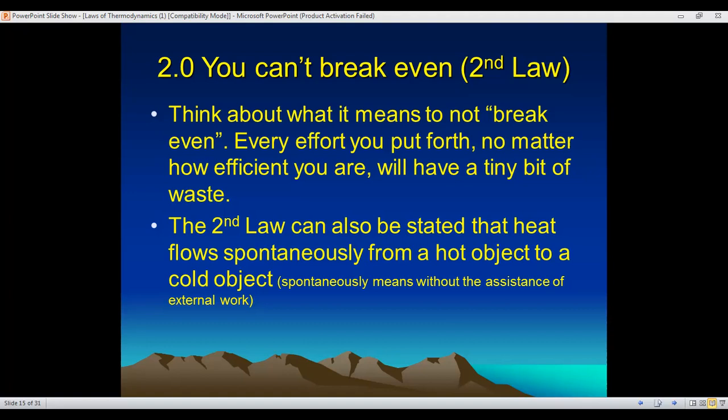Suppose T1 and T2 are two objects. The temperature of one object is T1 and the other object is T2. If T1 is greater than T2, it means that heat flows from object A to object B, from T1 to T2, until T1 and T2 are equal to each other.